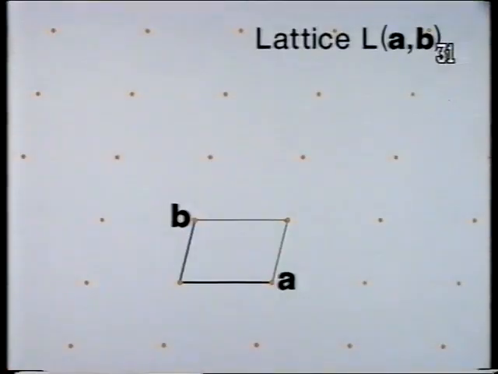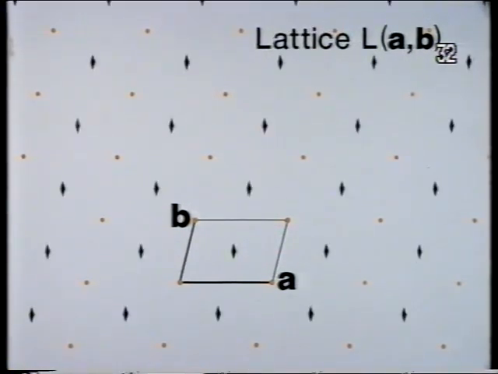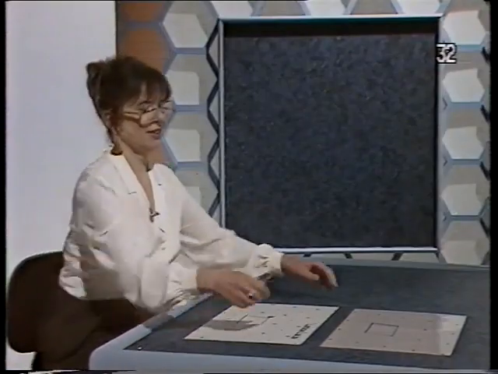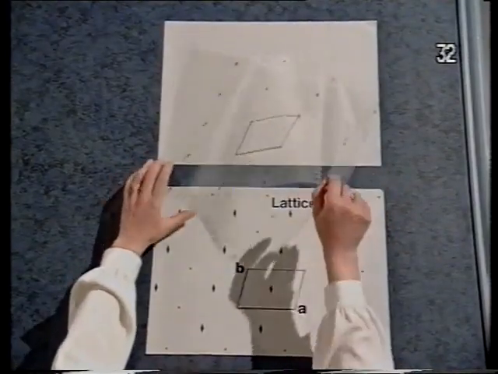Now, what about rotational symmetries? Well, every parallelogram has a centre of rotational symmetry of order 2 about its centre. And so every lattice has rotations of order 2 about the centre of each translated image of the basic parallelogram. Here we are.